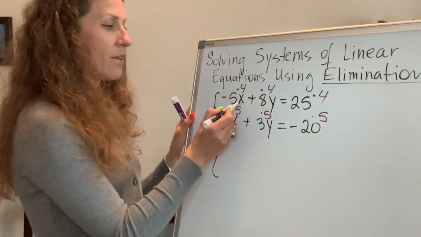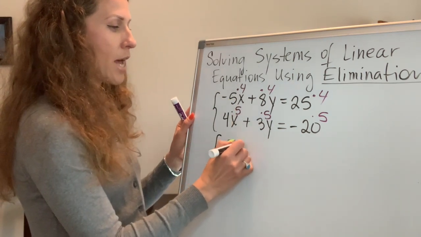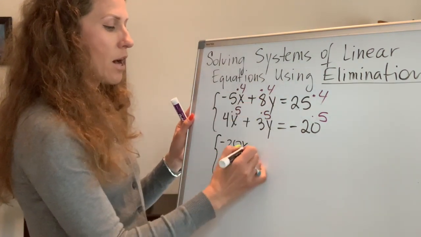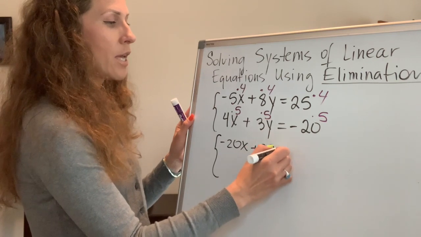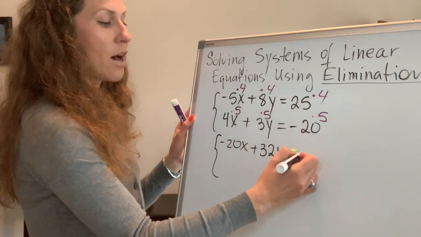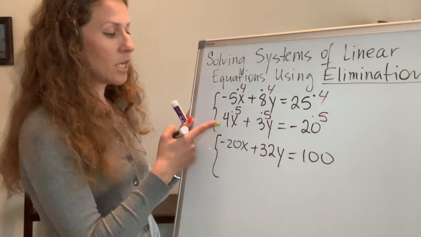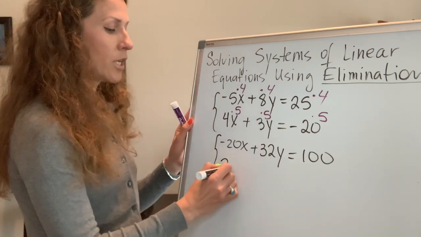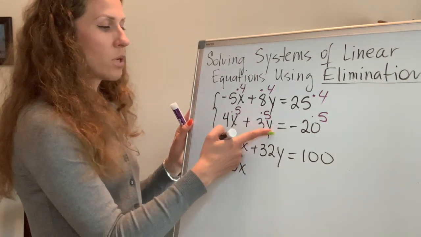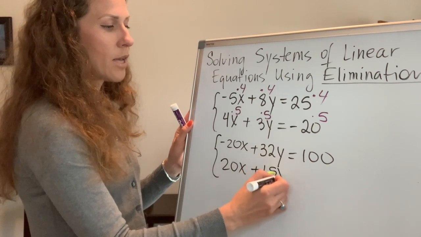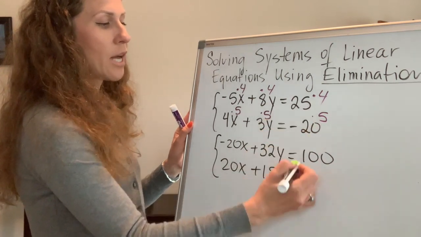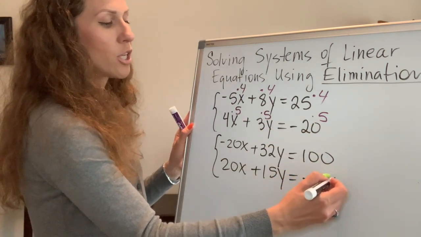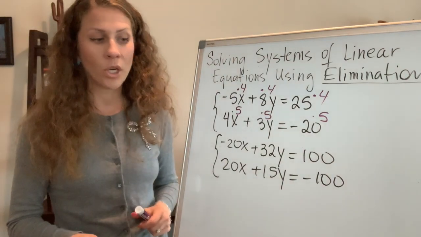Instead of negative 5x, I now have negative 20x. Instead of 8y, I now have 32y. And instead of 25, I now have 100. Here, instead of 4x, I have 20x. Instead of 3y, I have 15y. And then instead of negative 20, I now have negative 100. Well, let's see how this works.